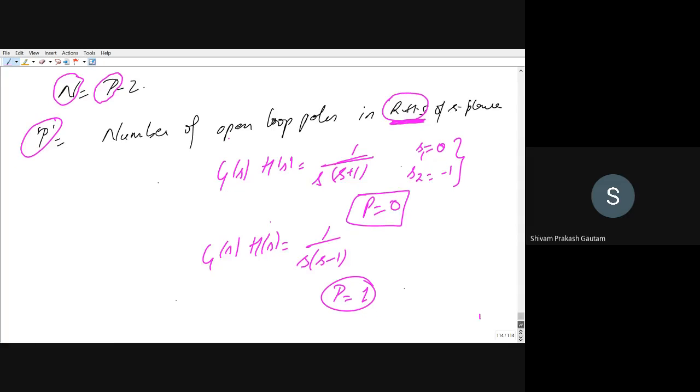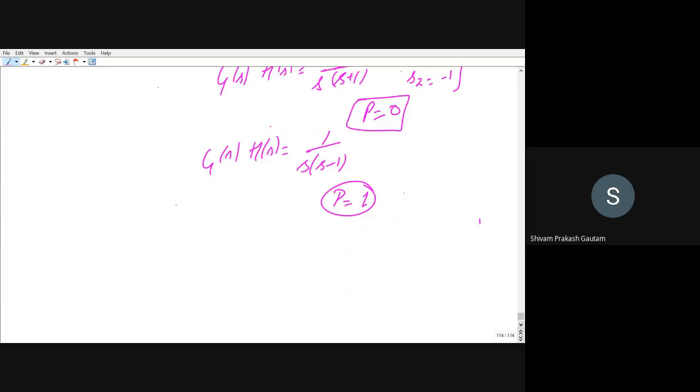Now the only thing remaining is Z. So what is Z? Z is equal to the number of roots of the characteristic equation in the right hand side of the S plane. This is the first definition.